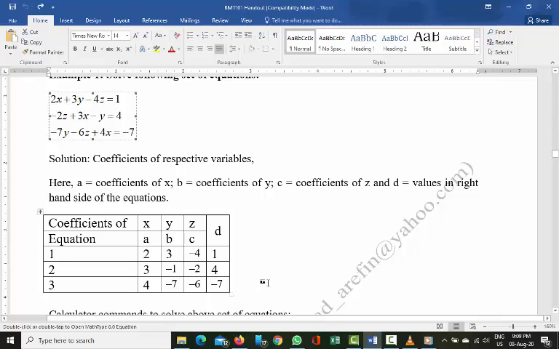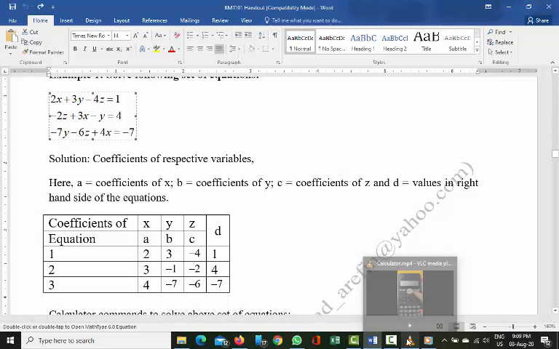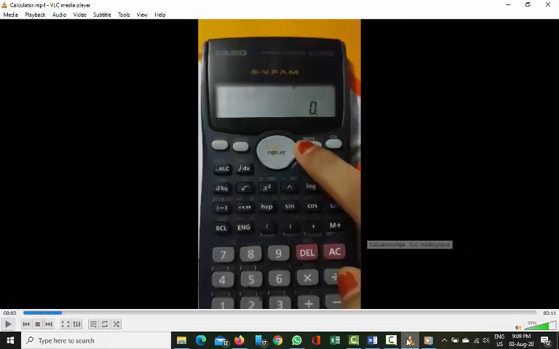Right, so now I will show you how to use the calculator to solve this question. Let us first go for the old type of calculator. If you have this type of calculator, then you should press mode first.